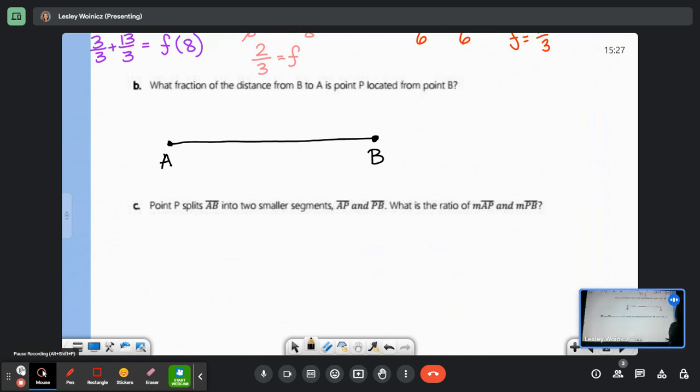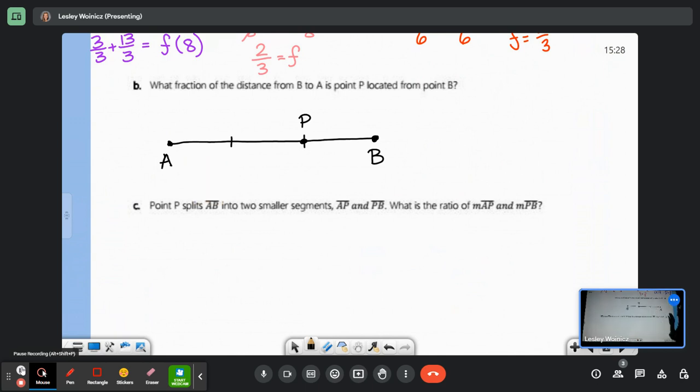Okay, P is what fraction of the distance from our previous problem from A to B? 2/3. Okay, so P is here. It's 2/3. Does everybody see what's happening?